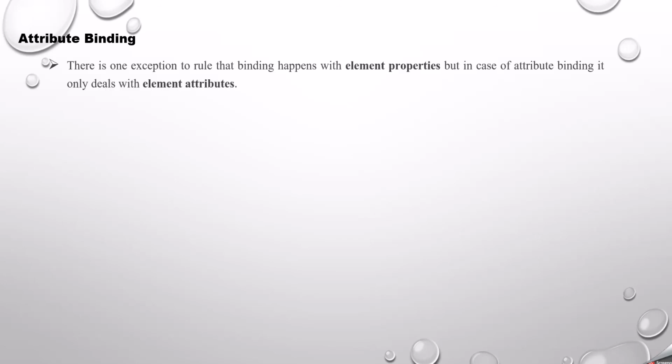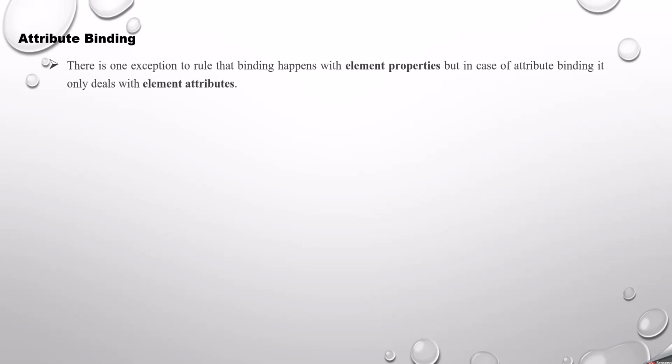Now we will start with attribute binding. I was highlighting the difference between the DOM property and the attribute, and how they both work in the HTML world. There is one exception to the rule that binding happens with element properties, but attribute binding only displays element attributes.